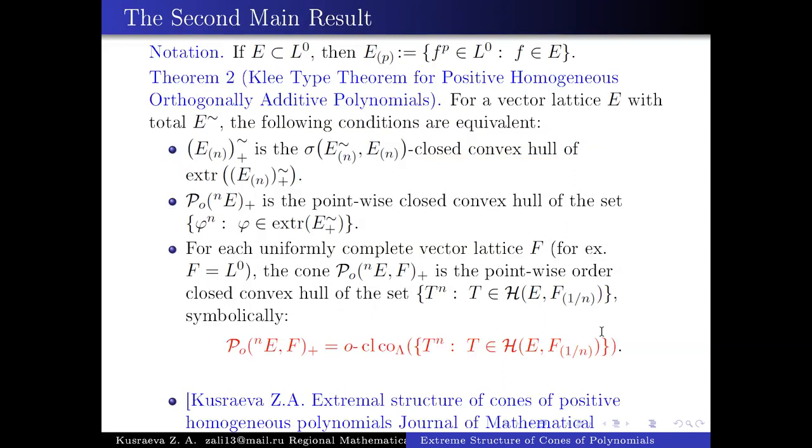What I was going to do is to stay on this third condition, and to say that according to this condition, if the polynomial P is not orthogonally additive, then P cannot be approximated by polynomials of the form like sums of powers of lattice homomorphisms.